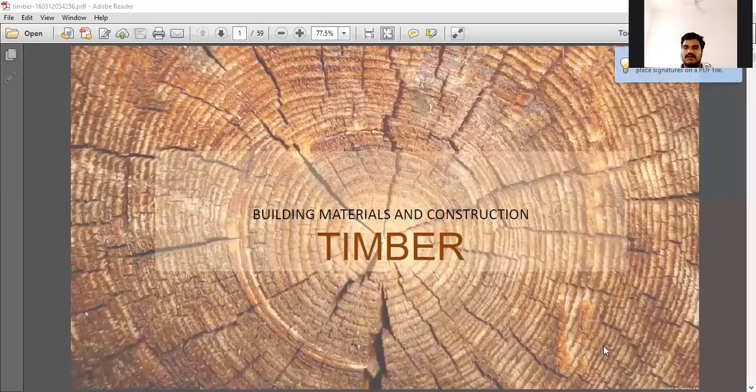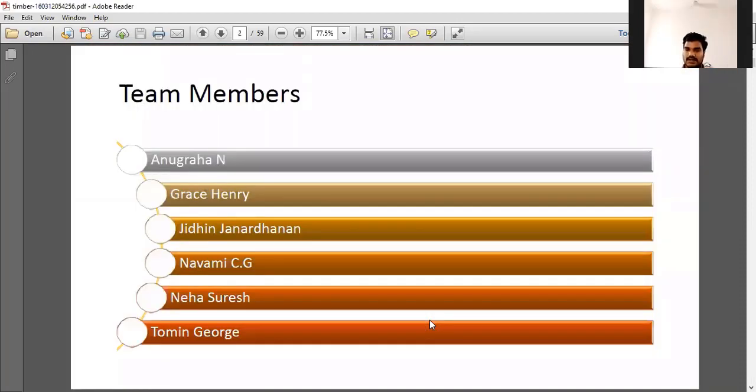So coming to the discussion of timber, here you can have a look. Timber is nothing but what comes from the trees, very huge bulk trees.